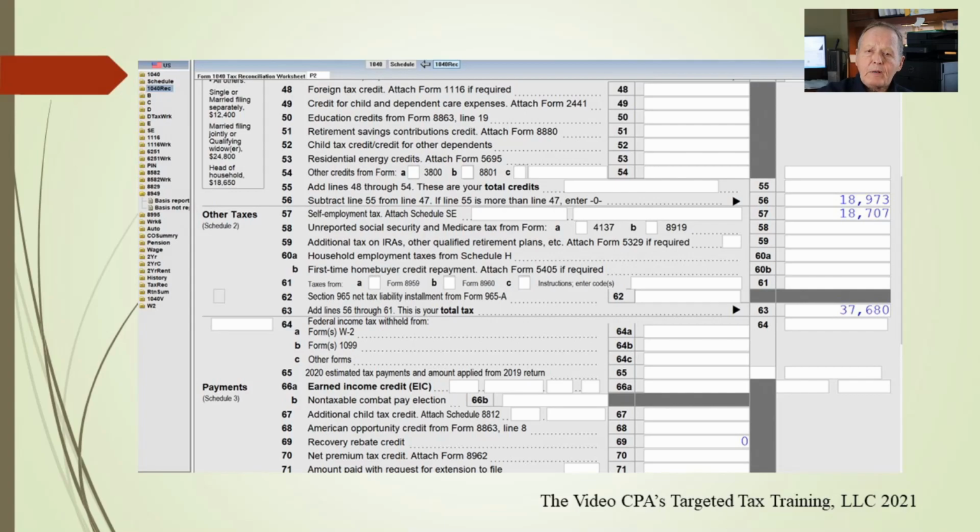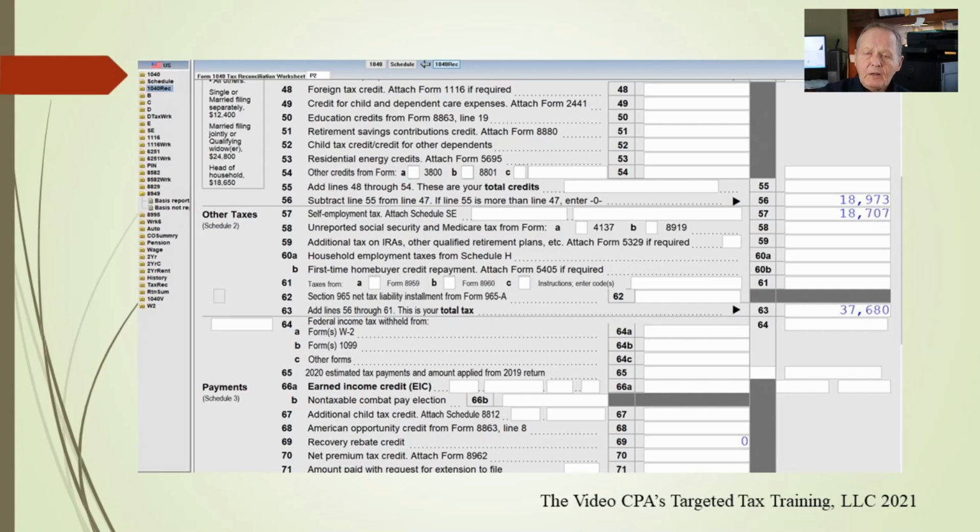The recovery rebate credit is designed to give those people that did not receive their stimulus payments a stimulus payment at the time that they filed their tax returns. So if you've already received both your stimulus payments, there should not be anything on this recovery rebate credit line, line 69.